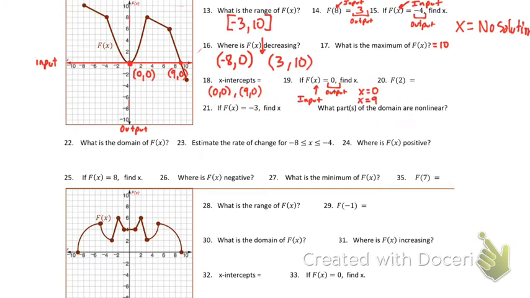f(2). So I want to know when my input is 2. So input, and I need to find my output. All right, so we're now looking for the input line of 2. So input line is this line, and we're going to put a line at 2.